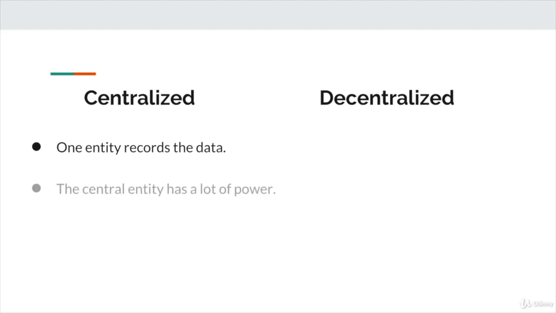In the centralized model, a bank holds the ledger itself and records the transactions of everyone's financial accounts. It holds all the data for the organization. So the bank, as the central organization, has all the responsibility and yet all of the power at the same time.